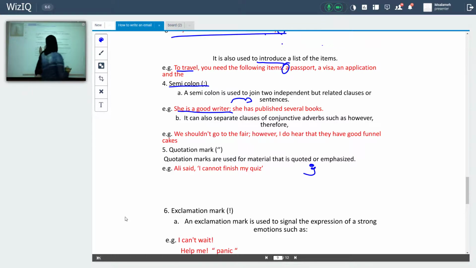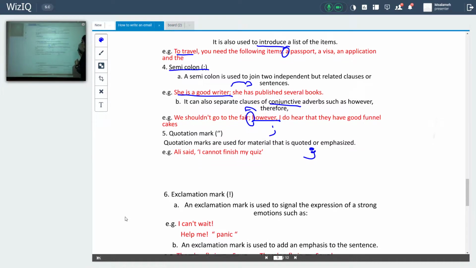It can also separate clauses with conjunctions and adverbs such as however. Like here, when I have however, it's preceded by what? By a dot with what above it? A comma. Okay? Any conjunctions we have should be preceded by a semicolon.